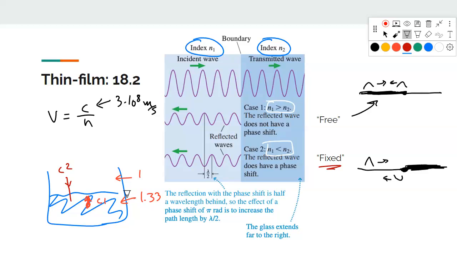It's equivalent to if the wave had traveled an extra half a wavelength of distance. Basically, the reflected wave, where it would have had a peak before, now has a trough. So everything's reversed basically on the reflection.